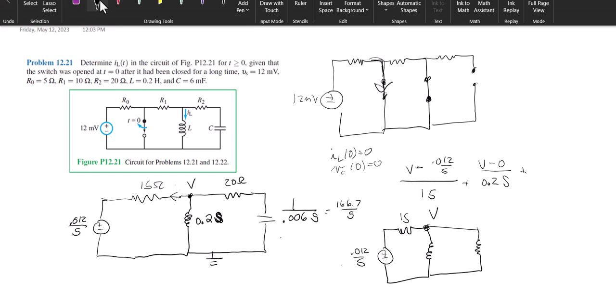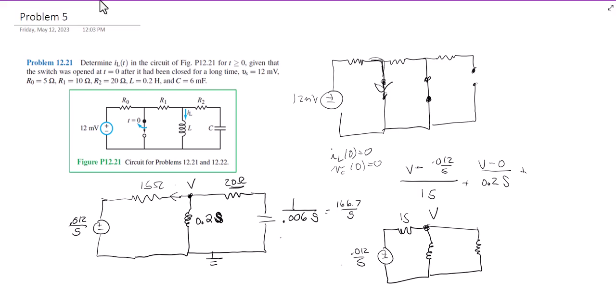And what I have as a resistor over on the right is just going to be the sum of my 20 ohm resistor and the 166.7 over S, because they were in series.